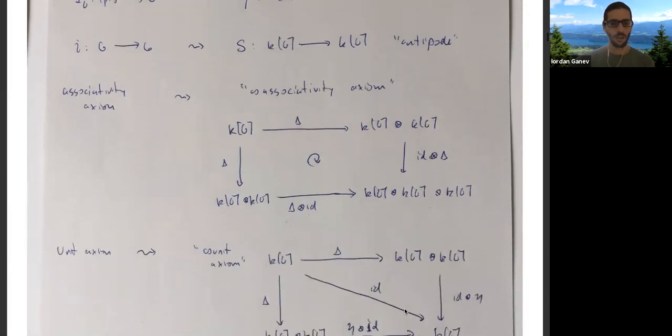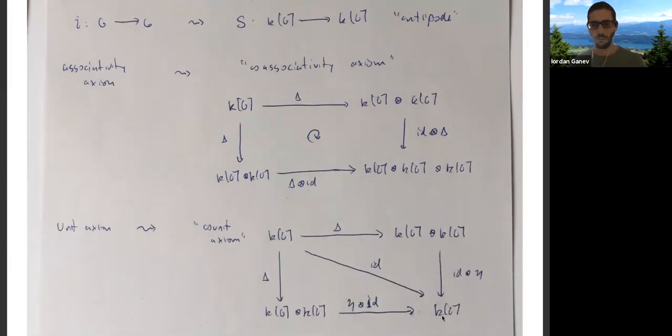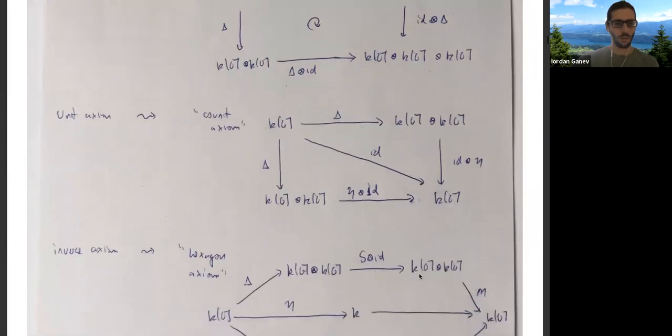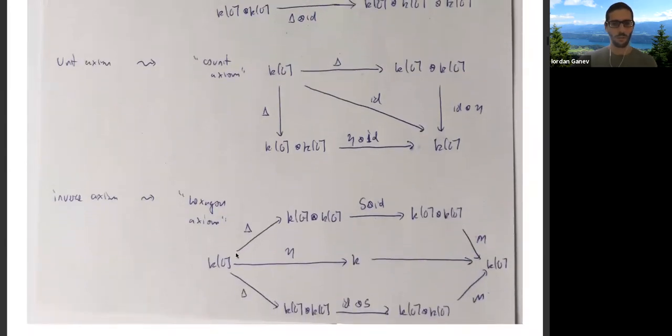The unit axiom becomes the co-unit axiom. It's just the corresponding thing to what we wrote before. And the inverse axiom becomes what's known as the hexagon axiom. It does look like a hexagon, but it's just coming from the inverse axiom.